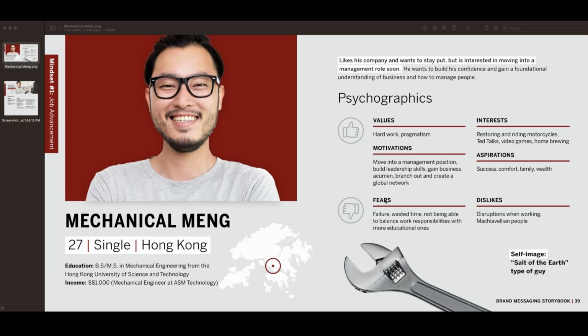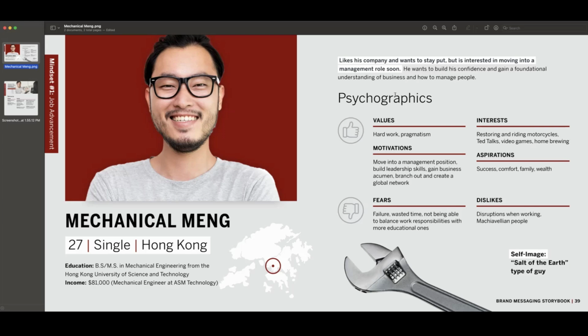So when you create your own student persona, and we'll dive into what each of these things are, but here's the kind of stuff you need to cover about these kinds of people you're marketing to. You need to cover their average age, marital status, and where they're from. We even go into their education and income levels, what he likes about his current company, like what's his situation, why is he even considering applying to your program.